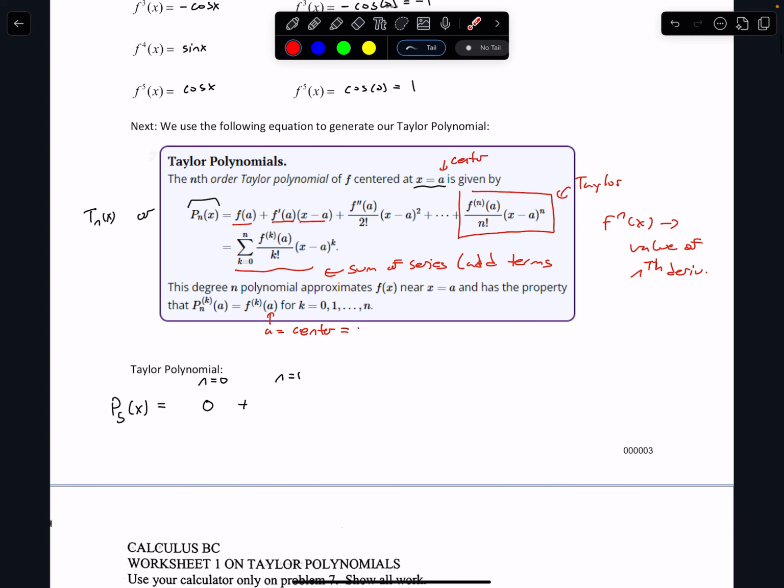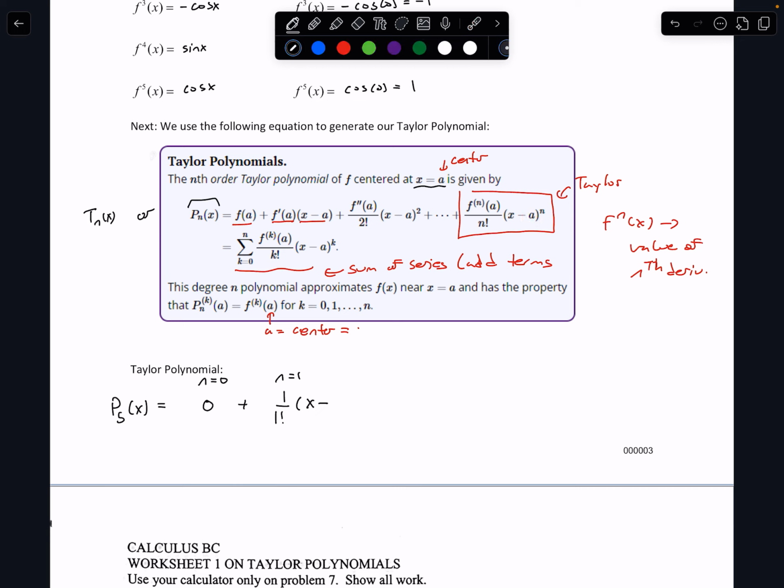So this is going to become 1 over n factorial, using my rule, and I'm going to put that over 1 factorial. I'm not worried about simplifying right now. And that's going to give me x minus, ready, what's a?